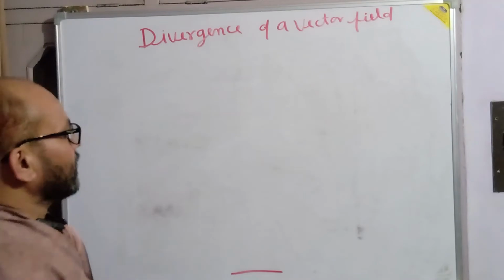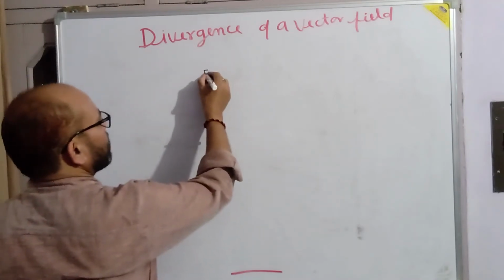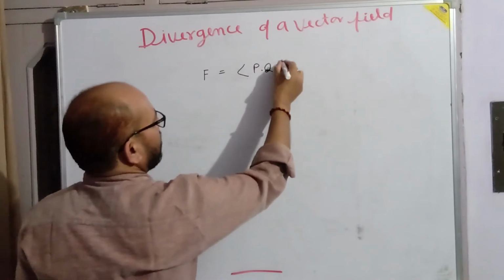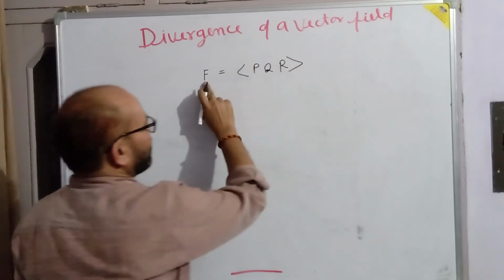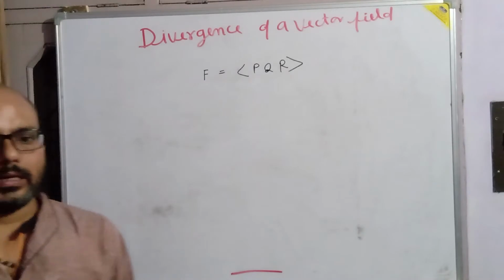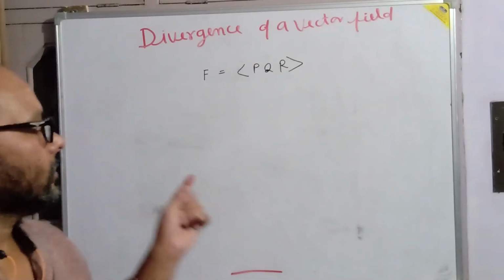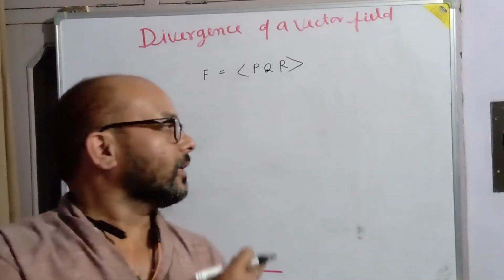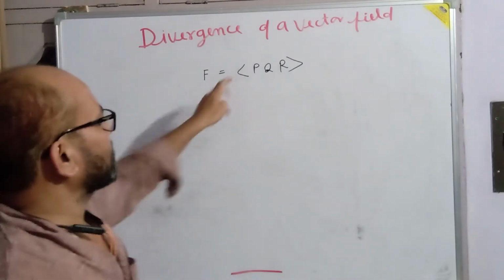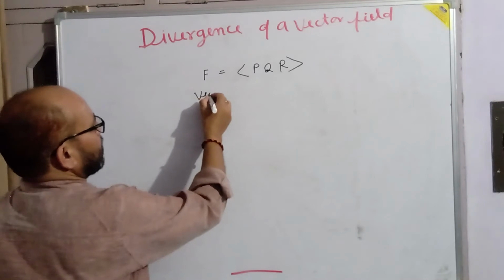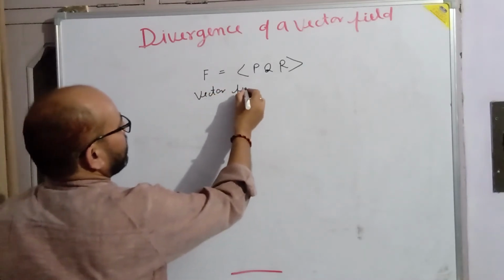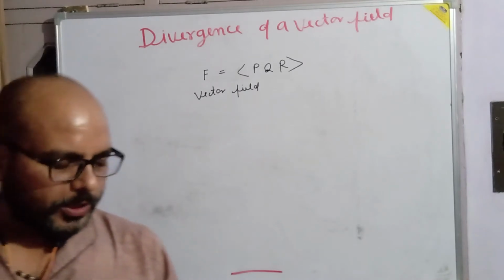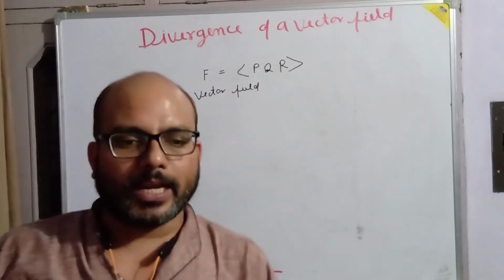Suppose the function F equals P, Q, R, where F is the vector field and P, Q, R are its components.